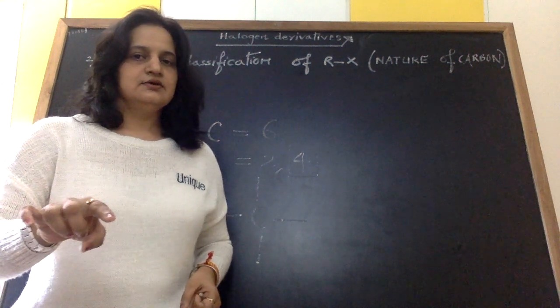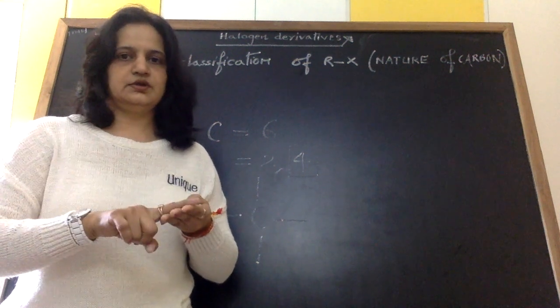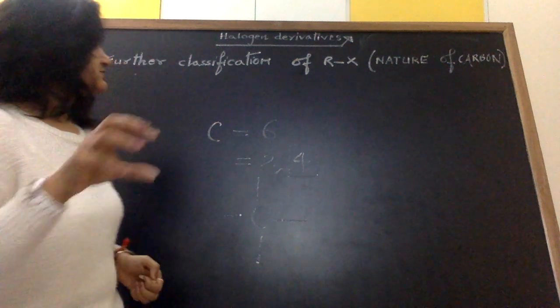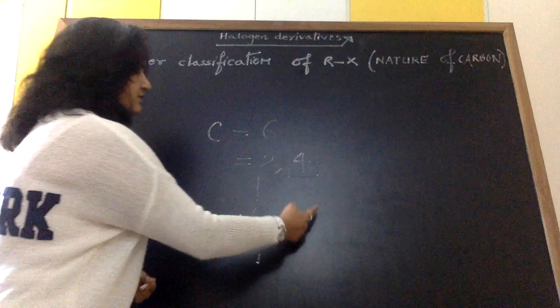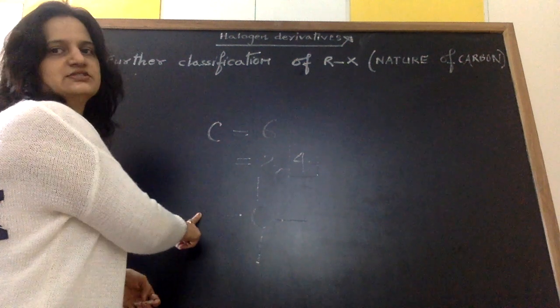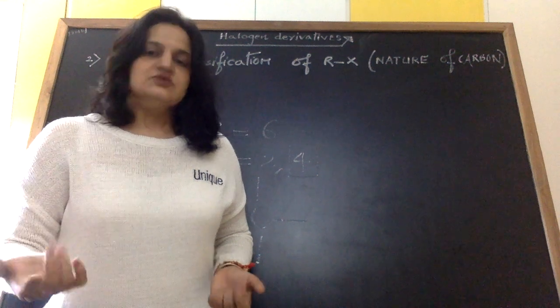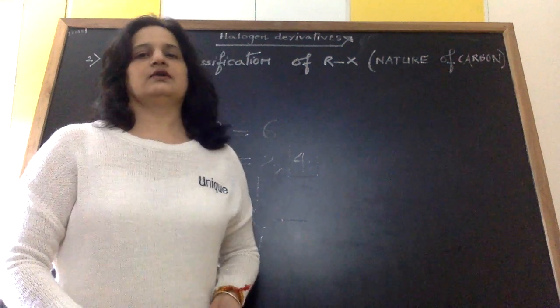Now I said primary carbon, secondary carbon, tertiary carbon, quaternary carbon. Quaternary specifically is that carbon which is attached to 4 other carbons. Here one carbon, here one carbon, here also, and as well as here. So if a carbon is attached to 4 other carbons, obviously I cannot attach anything else to that carbon.